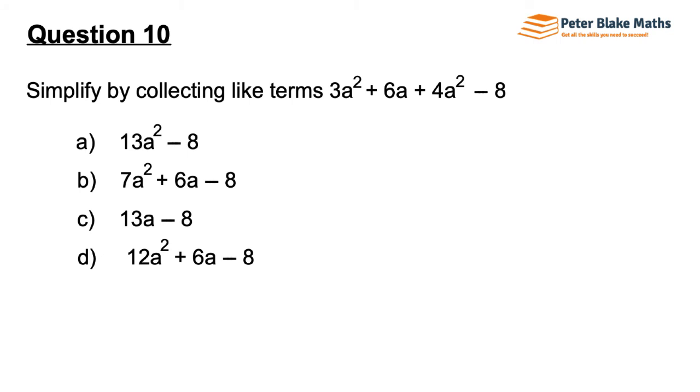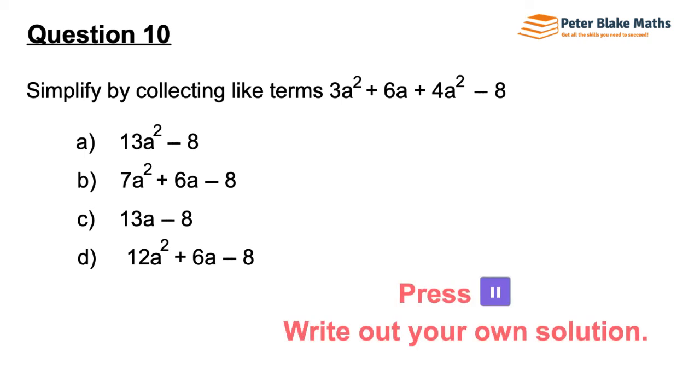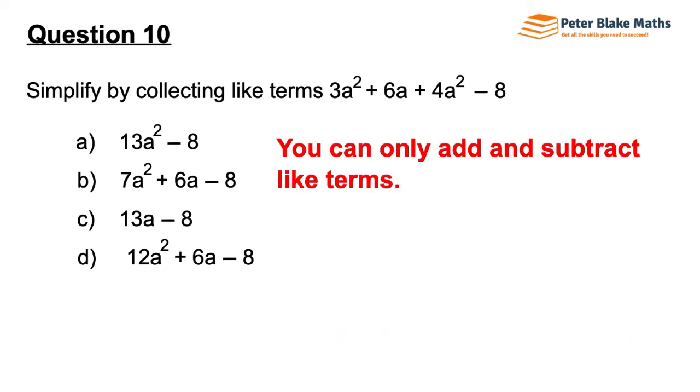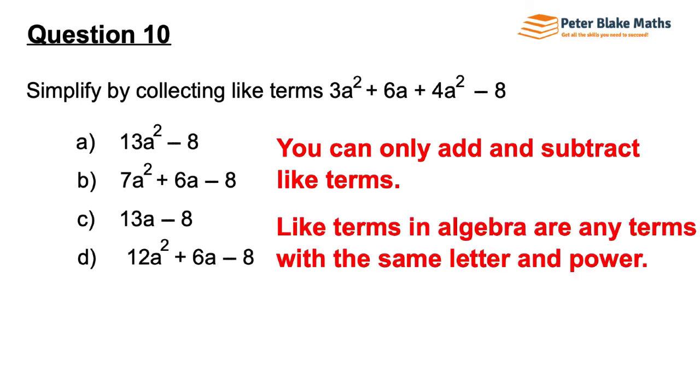Question 10. Simplify by collecting like terms 3a squared plus 6a plus 4a squared minus 8. You can only add and subtract like terms, and we know that like terms in algebra are the terms with the same letter and power. The terms here that have the same letter and power are the a squared terms.